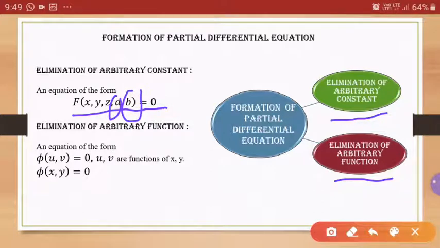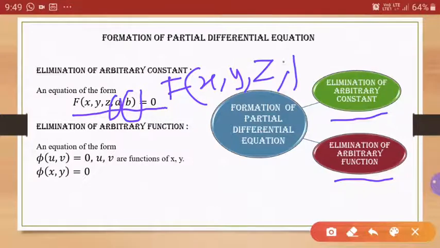After eliminating these constants, we get an equation in the form f of x y z, p, q is equal to 0, where p is del z by del x and q is del z by del y. So after eliminating a and b, we get derivative terms. This type of differential equation is called a partial differential equation. This is by eliminating arbitrary constants.